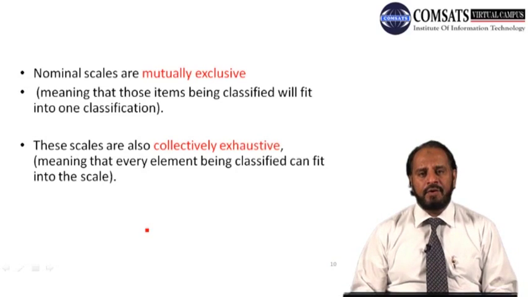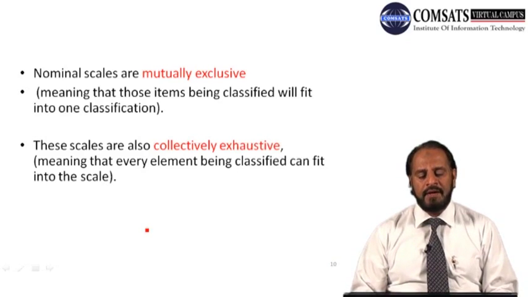If you are trying to get the province of your domicile in Pakistan, then the possible choices are the four provinces, and we want to make sure that the nominal scale has the option of picking one of them. So we want to make sure that all the possible answers are there.